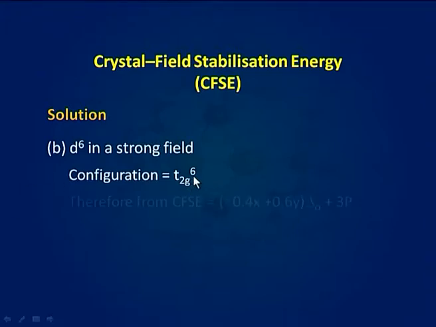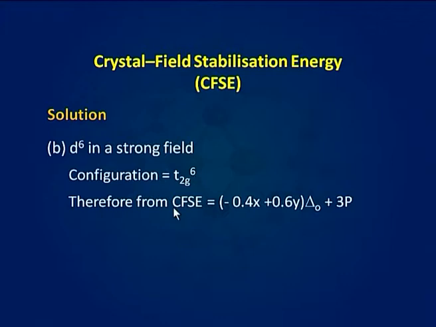For d6, in strong field, the electronic configuration will be t2g6. Therefore, crystal field stabilization energy will be equal to minus (0.4x plus 0.6y) multiplied by delta O plus 3 into P. Here the value of x is equal to 6 and the value of y is equal to 0.